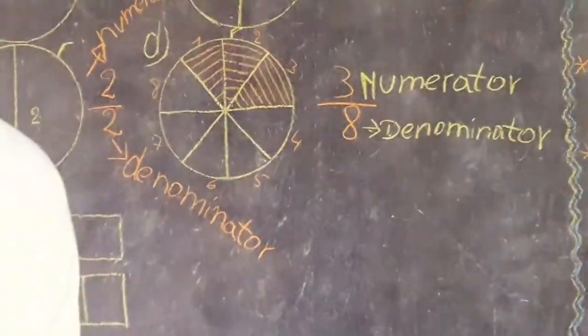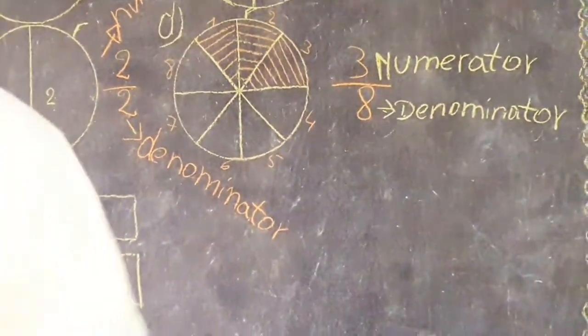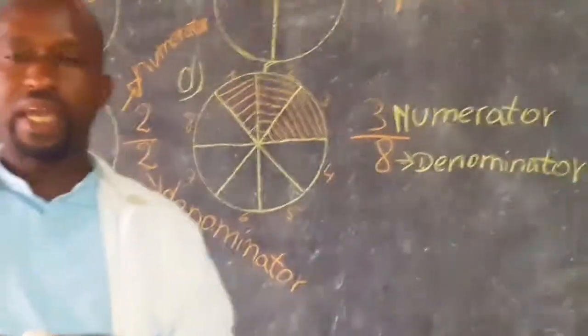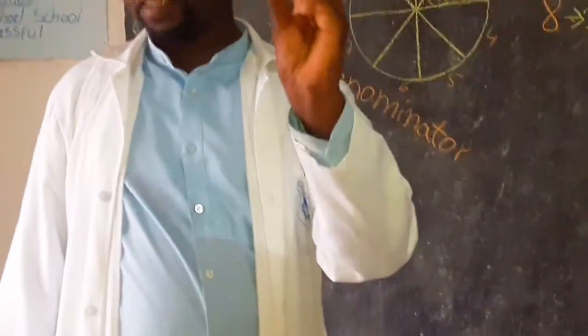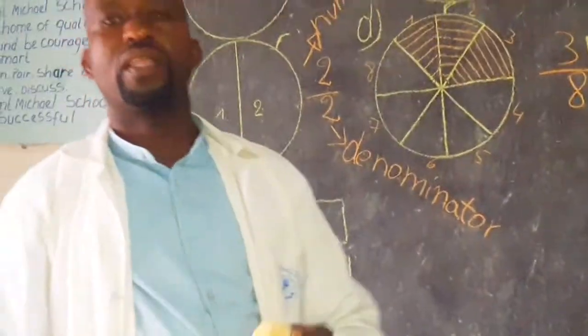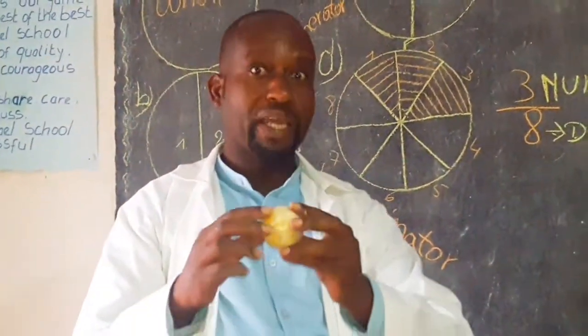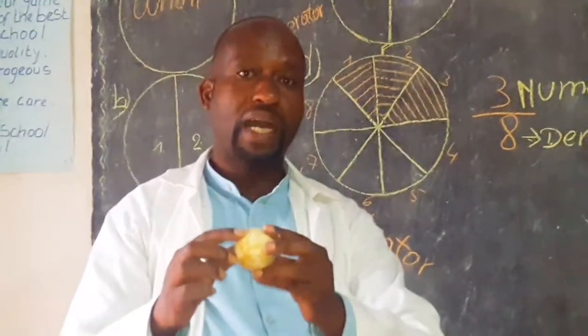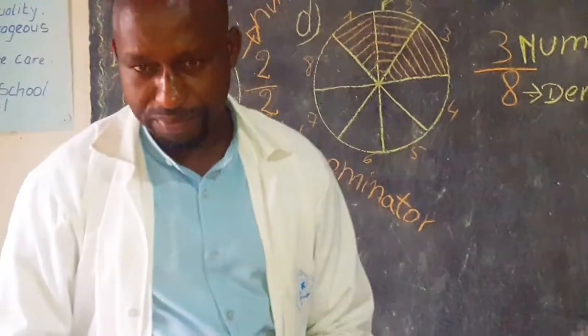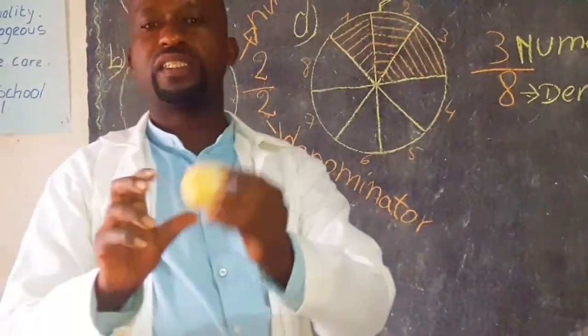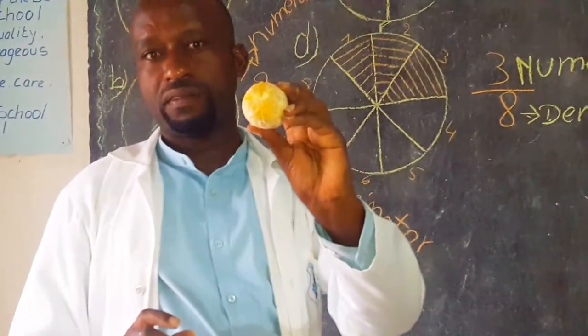I'm going to show you here again with my orange. This is the whole orange. I'm going to share my orange among 4 parts. This is the whole orange.